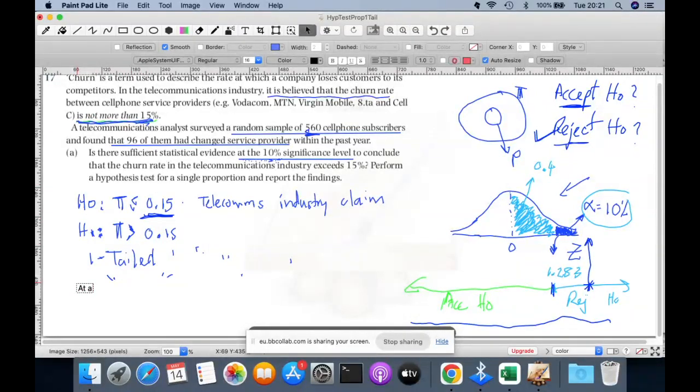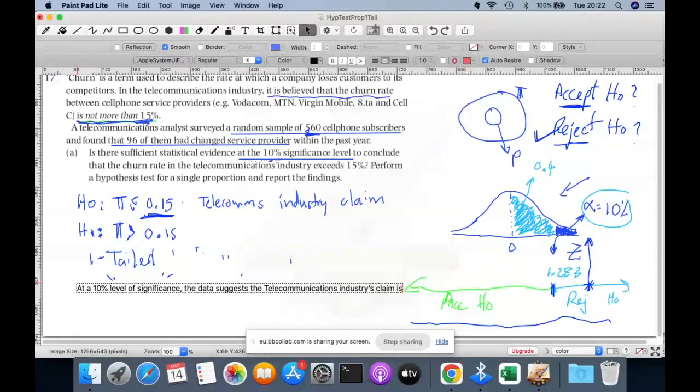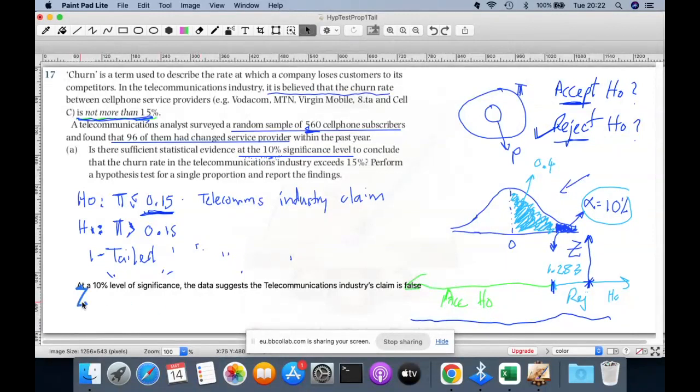So you would say at a 10% level of significance, the data suggests the telecommunications industry claim is false, because we're rejecting H naught.